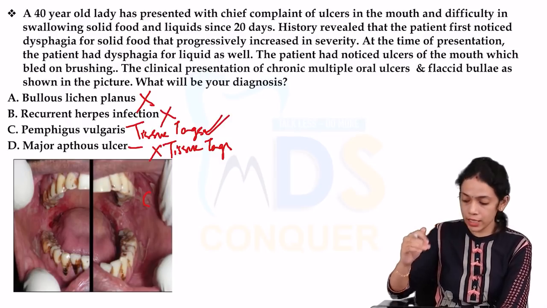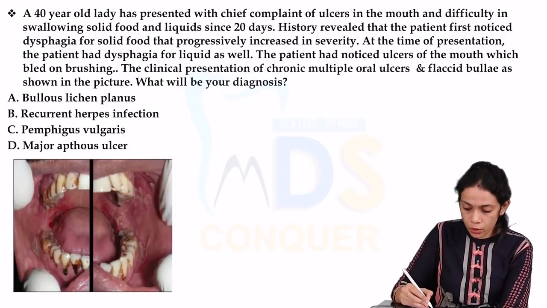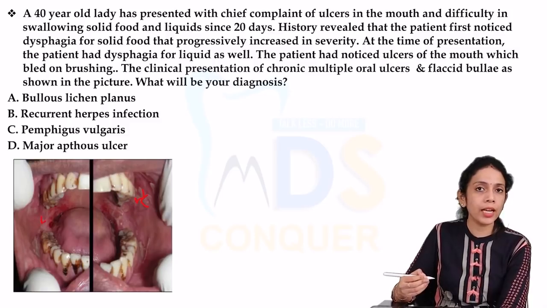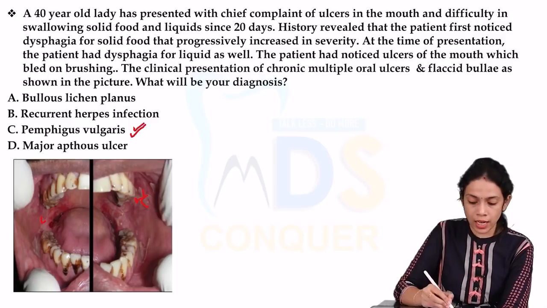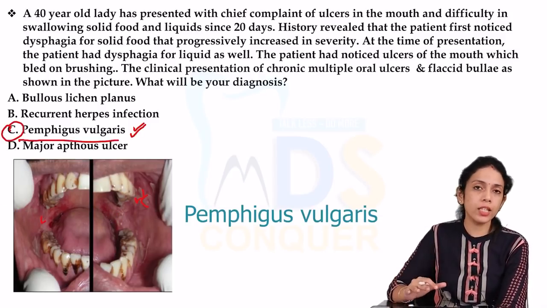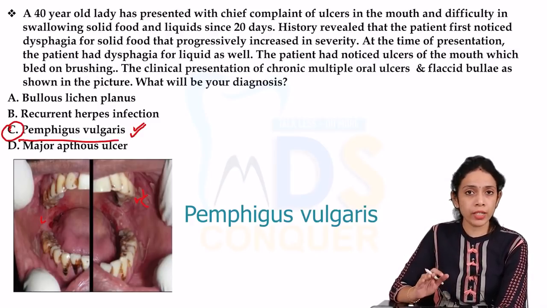That is called a tissue tag, which will not be there with the major aphthous ulcer. Here you can see clear-cut tissue tags lying here and there, hanging over the ulcer. That goes in favor of pemphigus vulgaris. So the answer for this question is pemphigus vulgaris, because the picture clearly shows the presence of tissue tags.